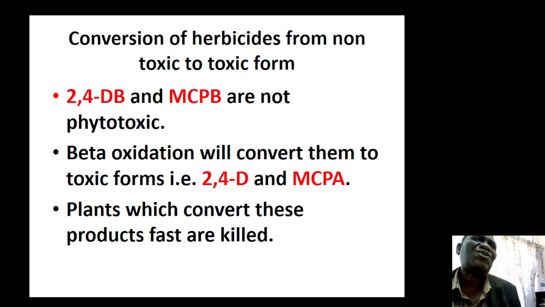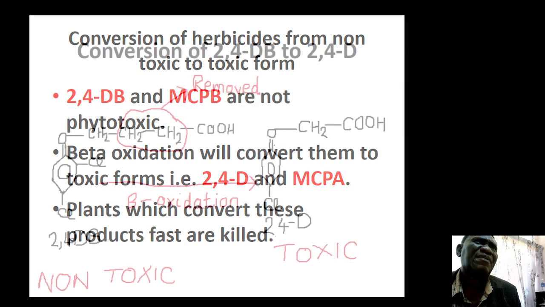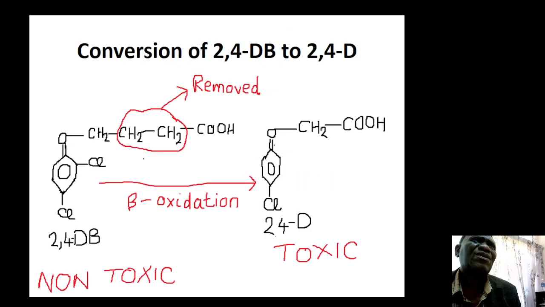Plants which do not convert these survive. So this is an example of conversion of 2,4-DB to 2,4-D, which is the herbicide which is toxic.